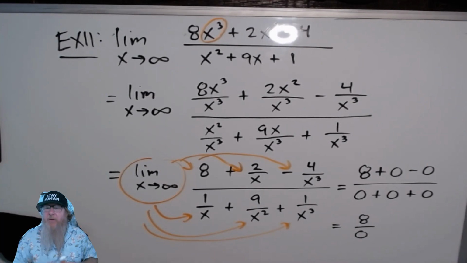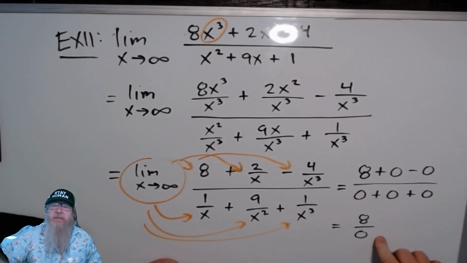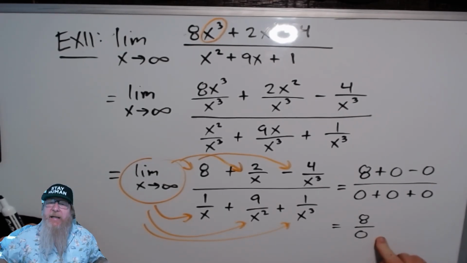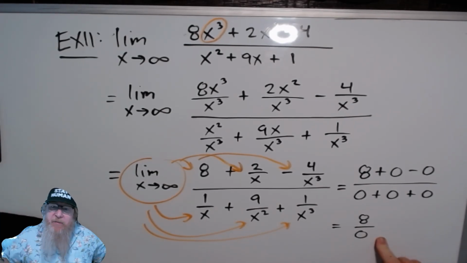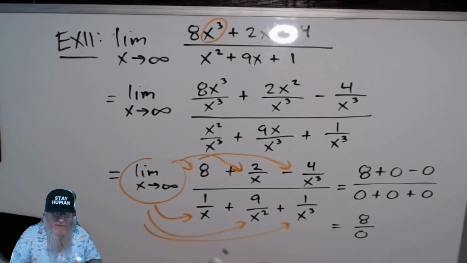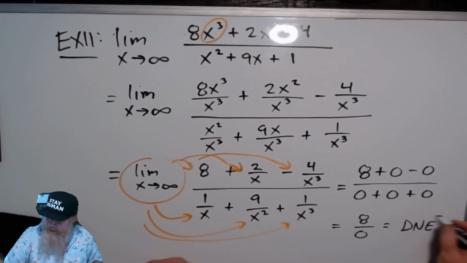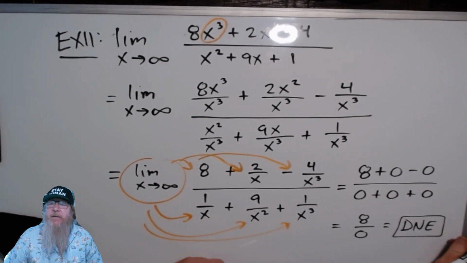Now be careful. If it was 0 over 0, it would be indeterminate, case number 3 from before, which might come back and haunt us later, but it's not. It's a constant divided by 0, and that's not an indeterminate. We know that that does not exist. So this limit does not exist.